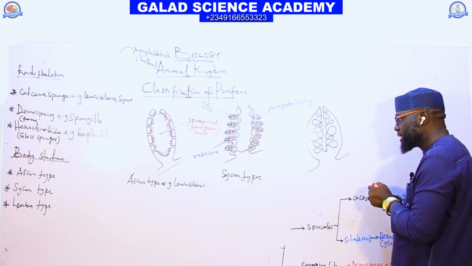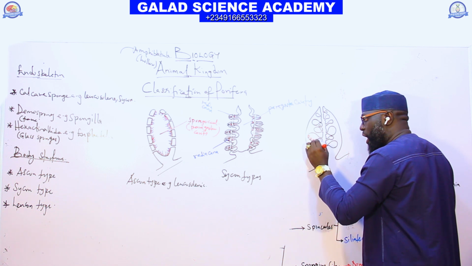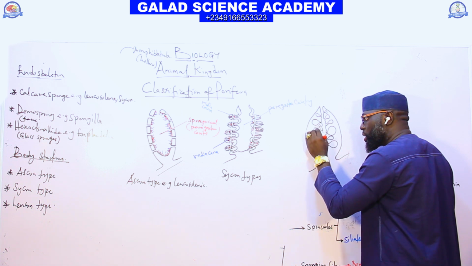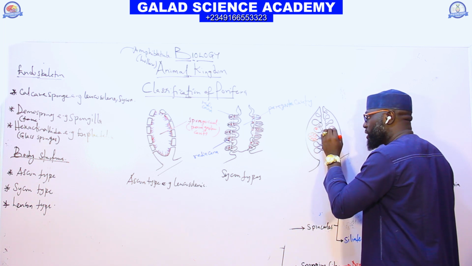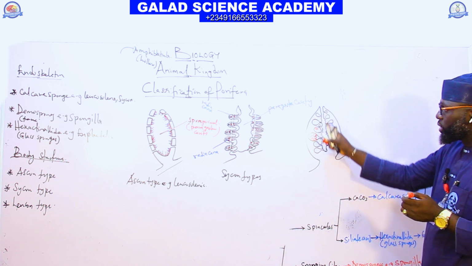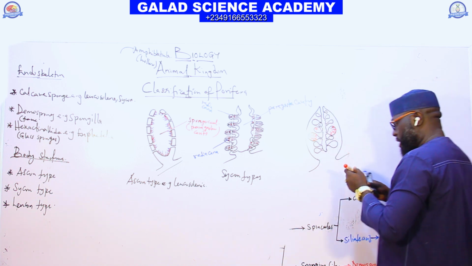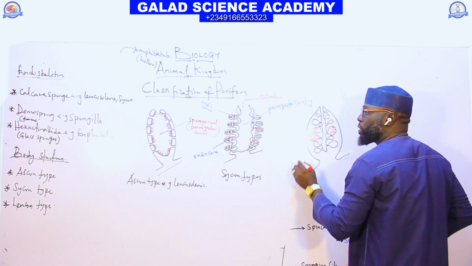And inside here, we have choanocytes. So inside these chambers, this place here is called the osculum.